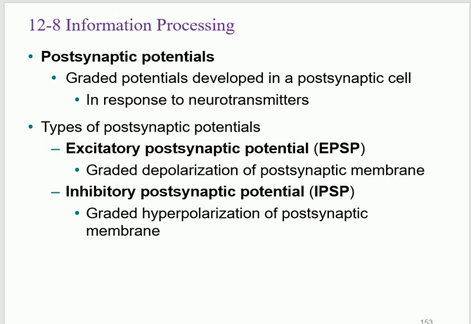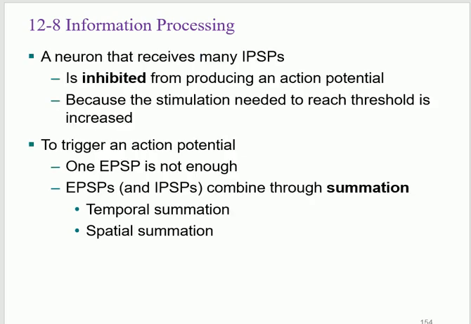If you open the gates for sodium, you will create an action potential, which is depolarization, right? This is excitation. But if you open the gates for potassium, no depolarization. You will create hyperpolarization, and we call that inhibitory postsynaptic potential.